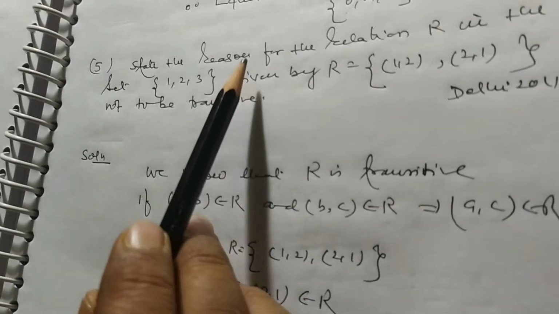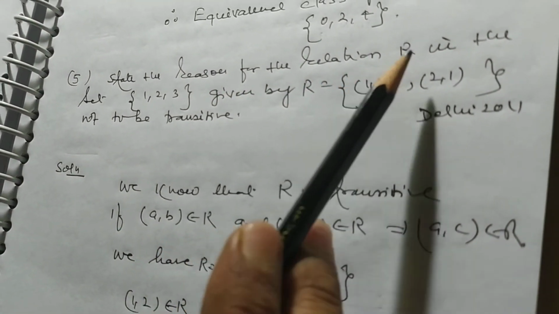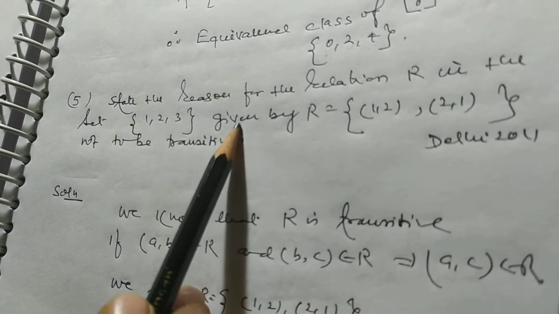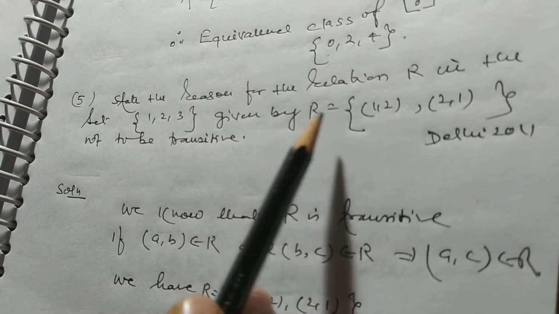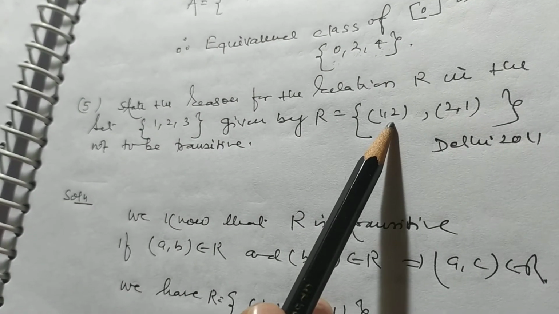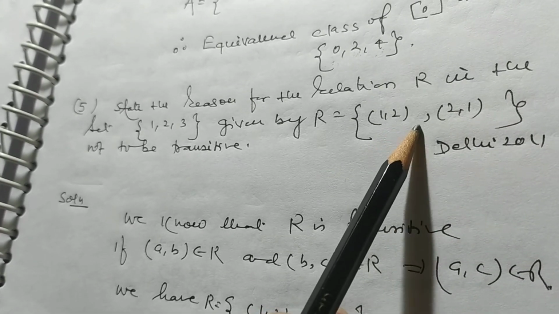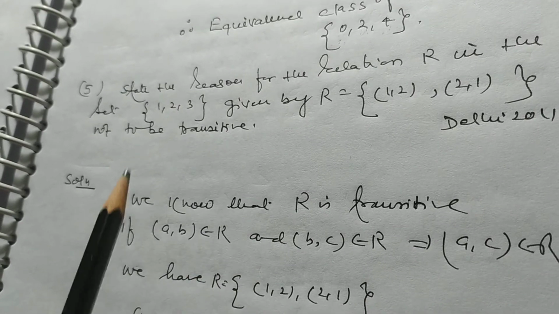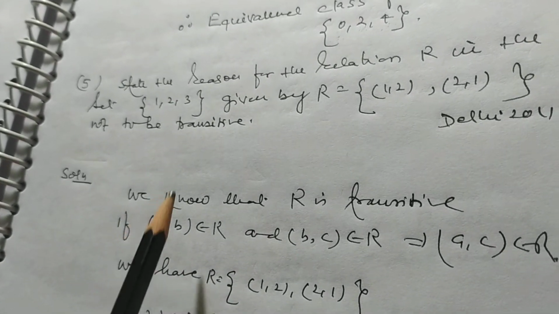State the reason for the relation R in the set {1, 2, 3} given by R is the collection of ordered pairs (1, 2), (2, 1) not to be transitive.